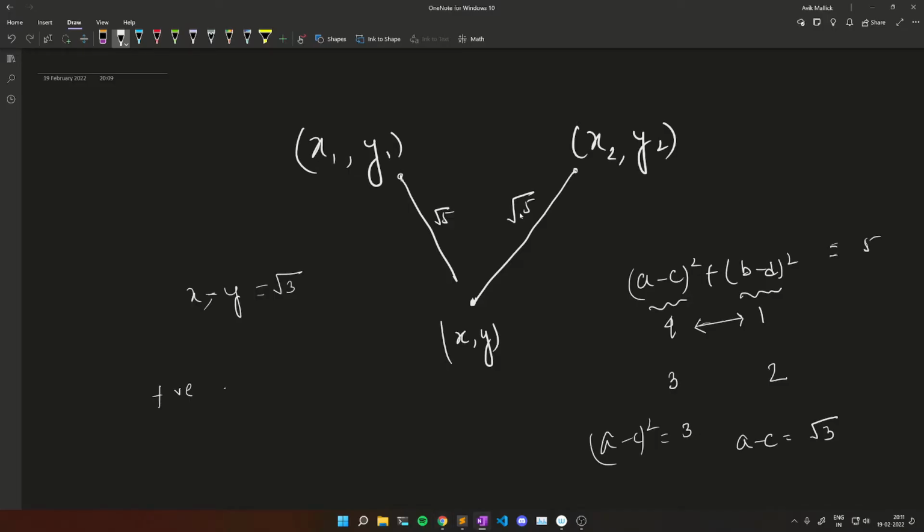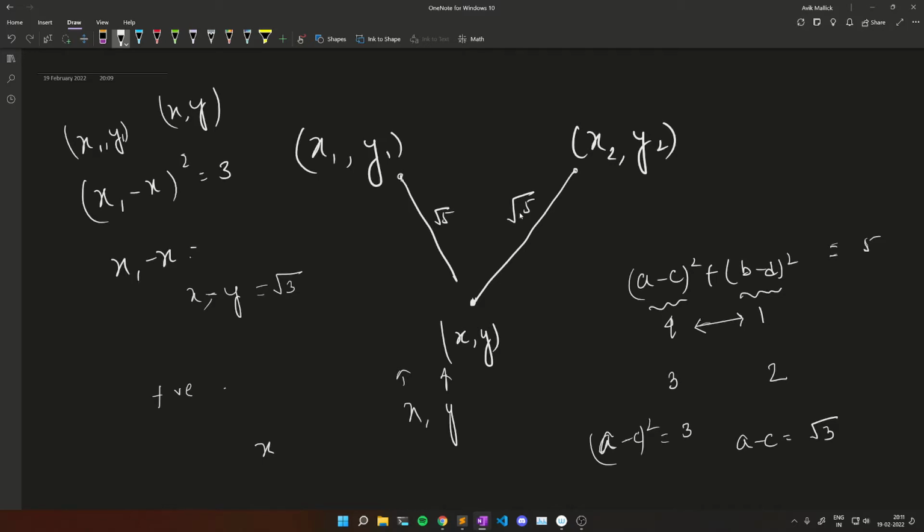So our x and y both must be integers. Let's say our point is x y and one of the given points is x1 y1. Now in order for (x1 minus x) whole square to be 3, x1 minus x will be root 3, right?